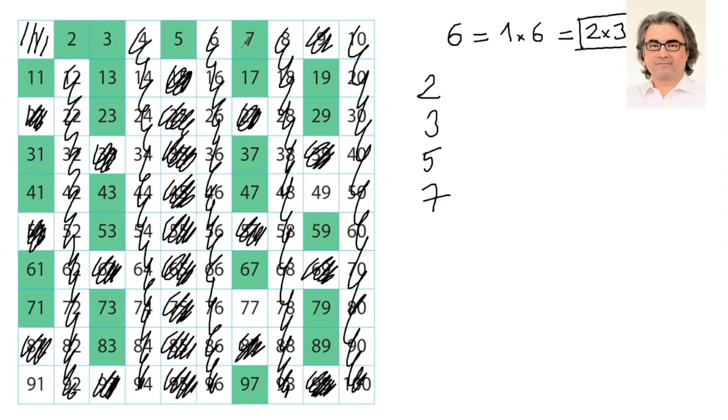7 is a prime number. Let's concentrate on the multiples of 7. 7 is prime, don't claim. 14, 21, 28, 35, 42, and 49.